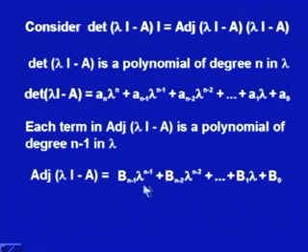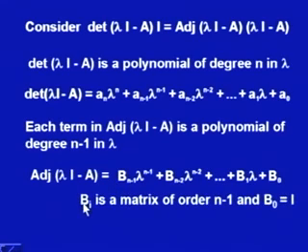What we have done is that we have written B_(n-1) as an n minus 1 order square matrix, B_(n-2) as an n minus 1 order square matrix, so each term is written separately. Here B_0 is identity.